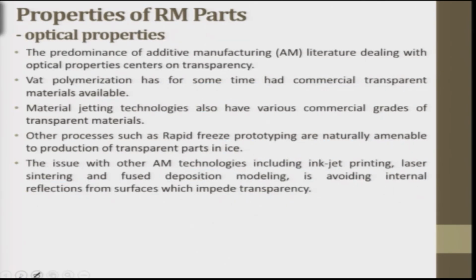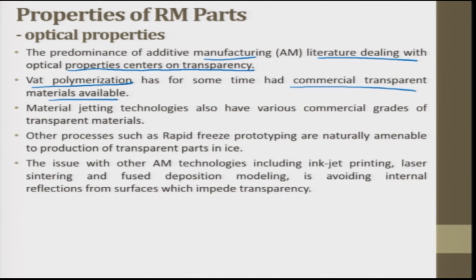Next are the optical properties. The predominance of additive manufacturing literature dealing with optical properties centers on transparency. Vat polymerization has for some time had commercial transparent materials available. Material jetting technologies also have various commercial grades of transparent materials.